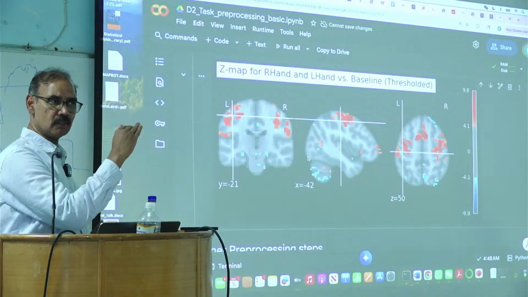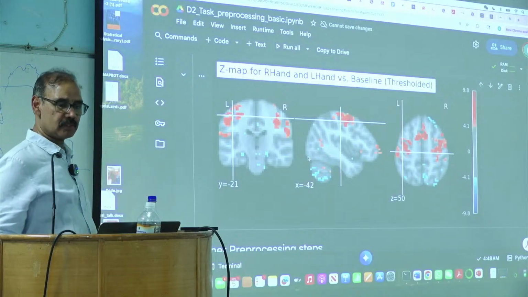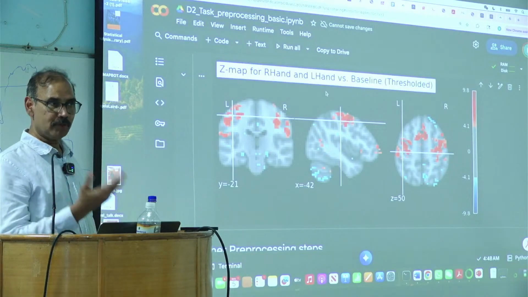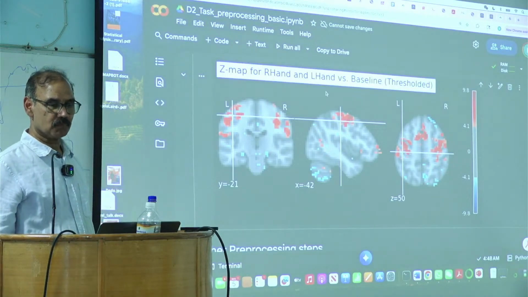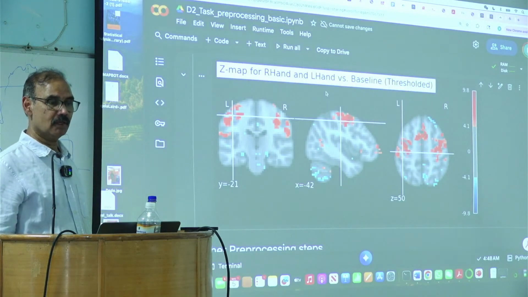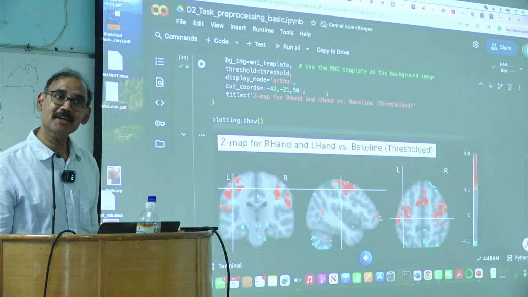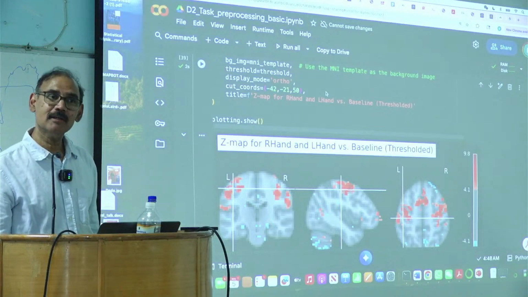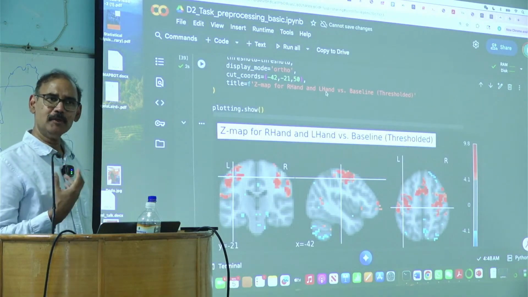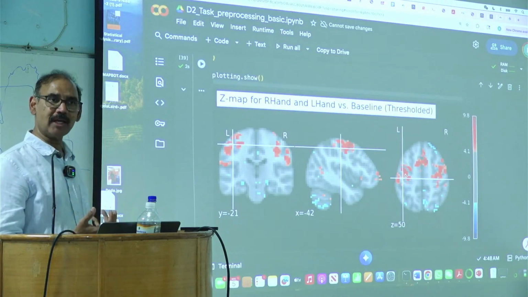Condition 1 is baseline, condition 2 is right hand and left hand. What would be your threshold? Right. So what threshold would you use? What did you say? But no, no. Okay. Why do you say contrast? Like this is all activation. Red is positive, blue is negative, right?